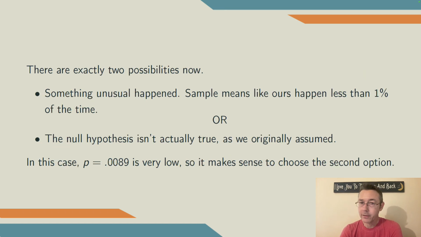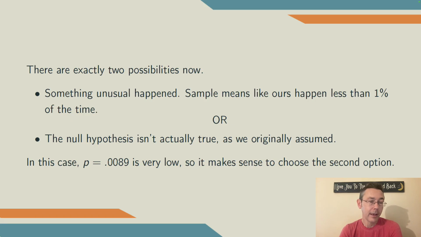So we're left with exactly 2 possibilities. Either something unusual happened, sample means like ours happen less than 1% of the time, or the null hypothesis isn't actually true like we originally assumed, and the company is actually producing chocolate bars that weigh less than 350 grams on average.